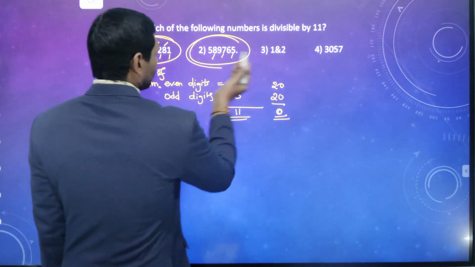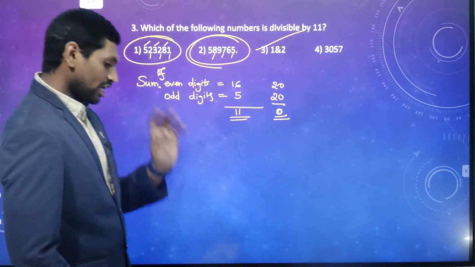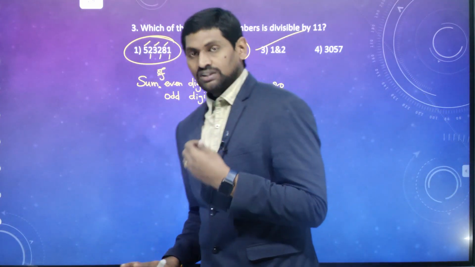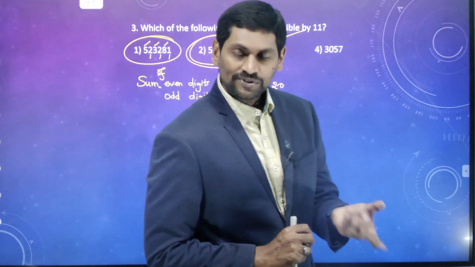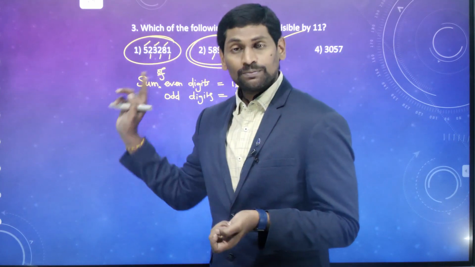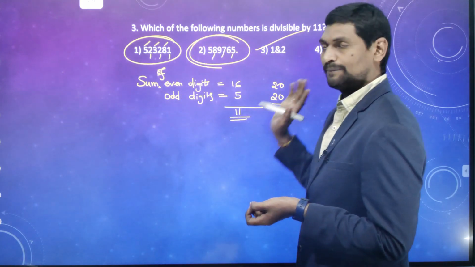So options 1 and 2, yes. According to the question, we should choose option number 3, because the number in the first option is exactly divisible by 11 and the second option is also exactly divisible by 11. So first option correct, second option correct. Both 1 and 2 are the answers, which is nothing but option 3.